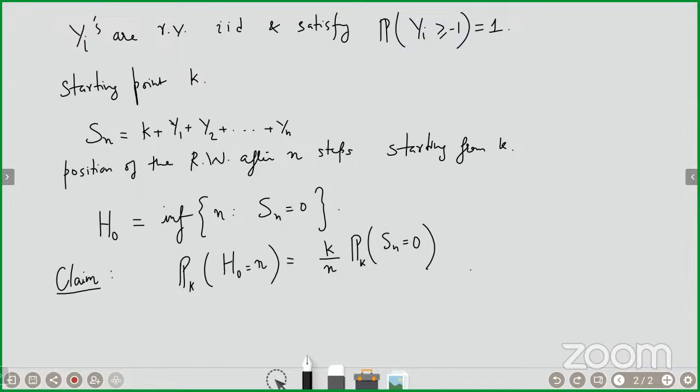So in that case, is the right hand side equal to the left hand side? So what is the probability on any one of the sides when n is 1 and k is strictly greater than 1?